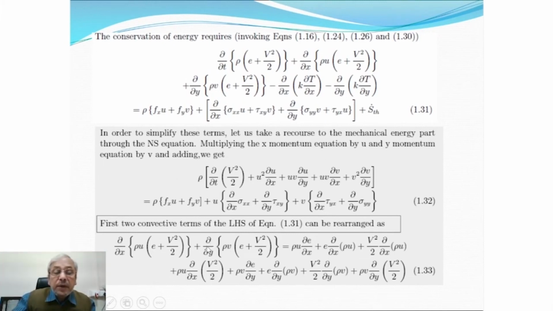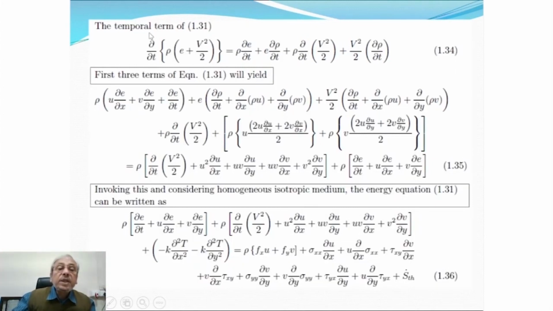Similarly, we can write ρv ∂e/∂y, e ∂/∂y of ρv, V²/2 ∂/∂y of ρv, and then ρv ∂/∂y of V²/2. Simply expanded the convective terms and also expanded the temporal term.